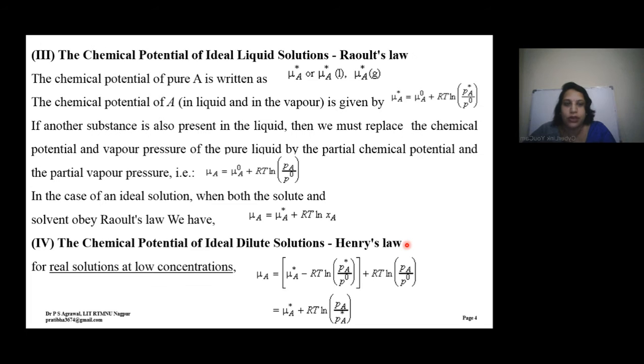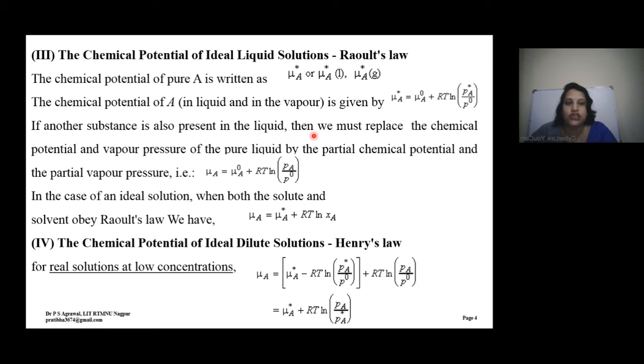Now the chemical potential of ideal liquid solutions, that is Raoult's law. In this, we shall make use of the subscript star to denote the chemical potential for a pure substance. It will represent the pure substance like this. If we need to distinguish between the liquid phase and the vapor phase, the vapor pressure of a pure liquid is Pa star.